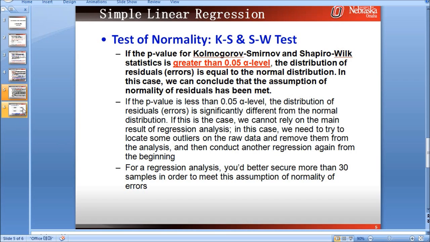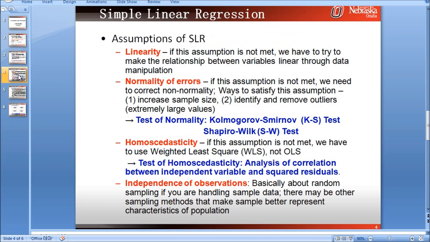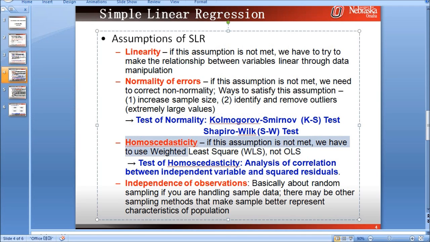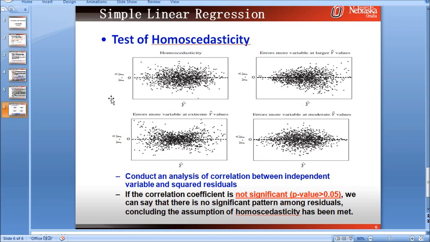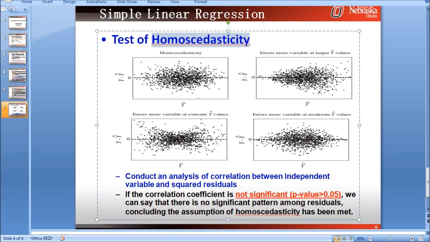Next, the assumption of homoscedasticity. This is basically about the equality of variances among residuals or estimation errors.